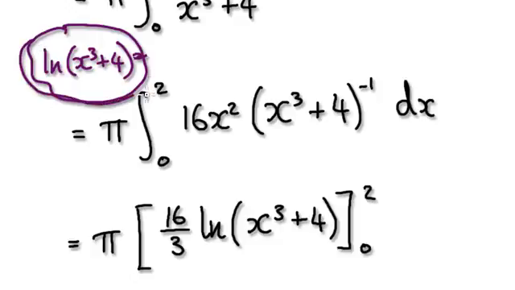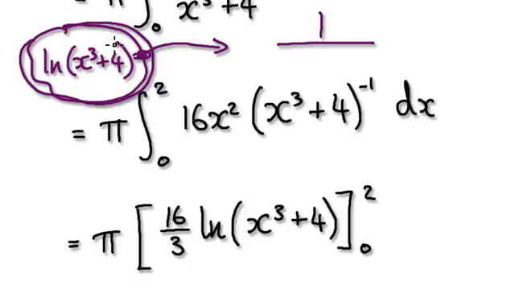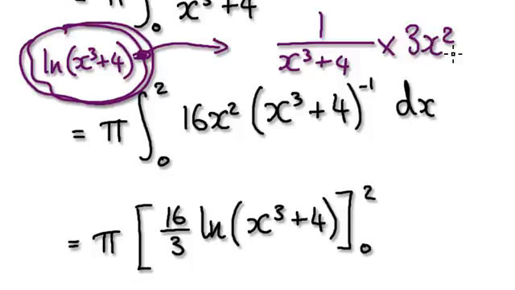When we differentiate this, it will give us 1 over this bubble, which is x to the power of 3 plus 4, and then times the derivative of the bubble itself. It's us using the chain rule, so it will be 3x squared.